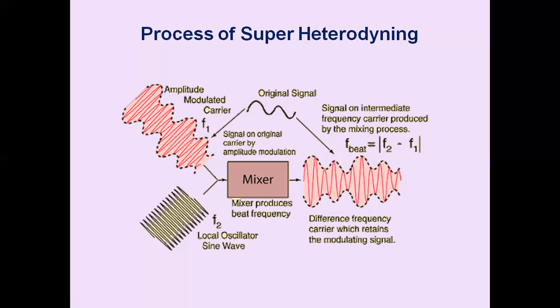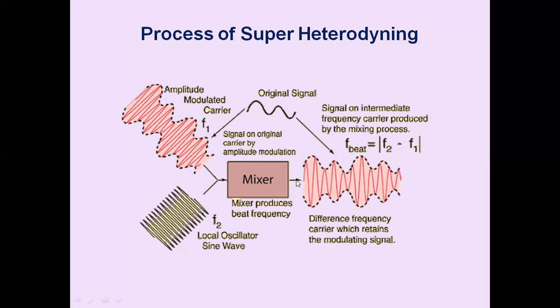Suppose the carrier signal of frequency Fs is heterodyned with the local oscillator frequency F0. Then we get two additional signals at the output of the mixer: F0 plus Fs, the sum component, and F0 minus Fs, the difference component.